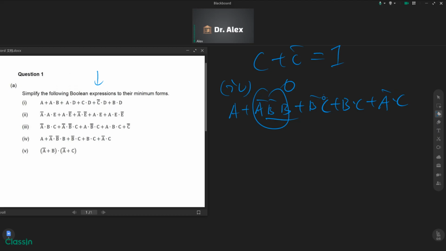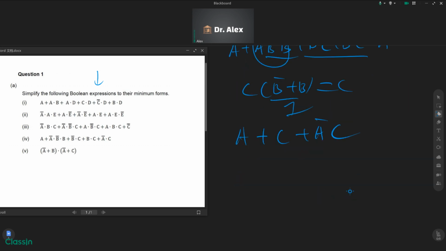And these two, C, not B or B. This is 1, this is C. So the original equation will be A or C or this thing. And we can easily get the final result, which is A plus C, 1 plus not A. So this will be 1, and the final result is A or C.